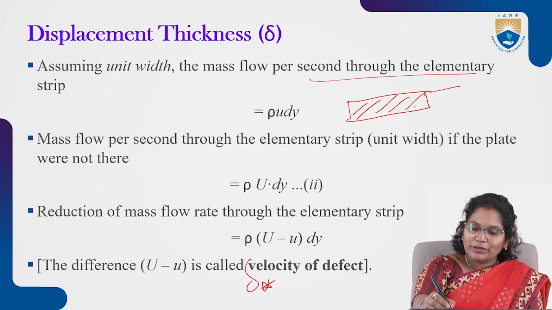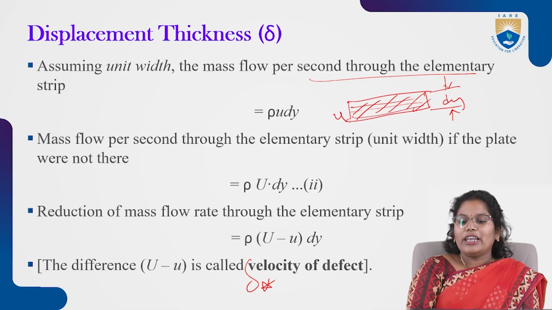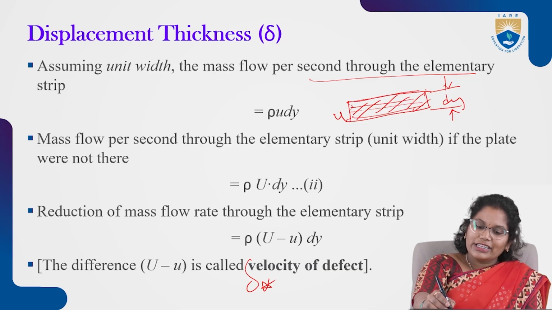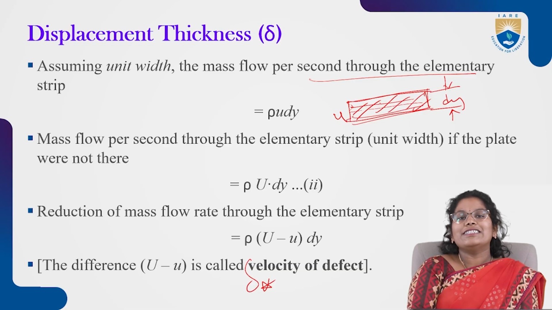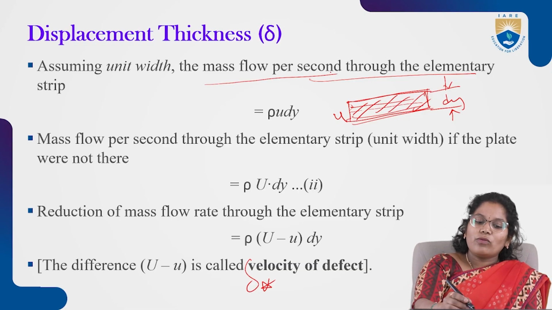This is the elementary strip, and its thickness is dy, right? In that elementary strip the velocity is small u, and the fluid moves with density rho. So the mass flow rate per second is what? Rho.